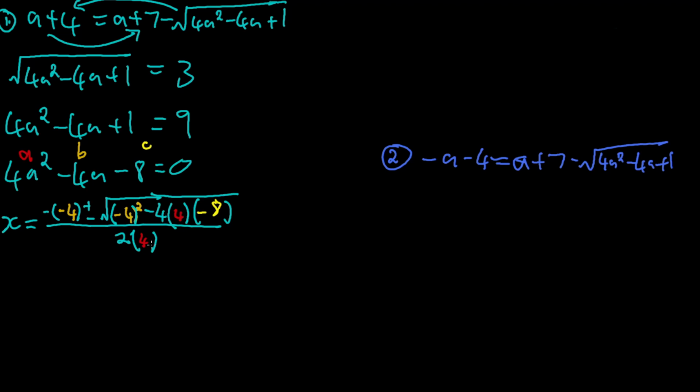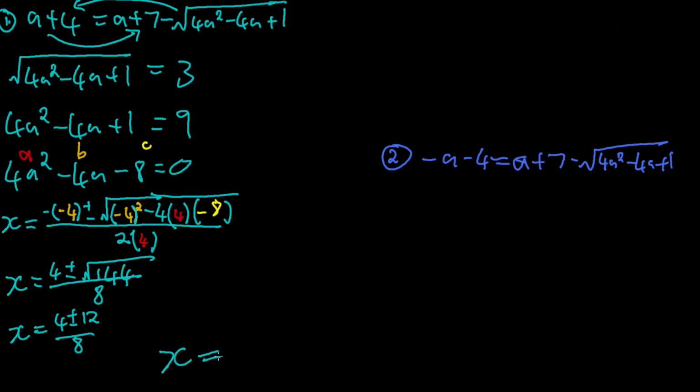So as you can see, we've subbed everything in, and then this ends up being x equals 4 plus or minus the square root of 144, over 8. And as you can see, the square root of 144 is a rational number, which is very nice. So then you end up getting x equals 4 plus or minus 12 over 8, and that ends up being, let me just color code this as well.